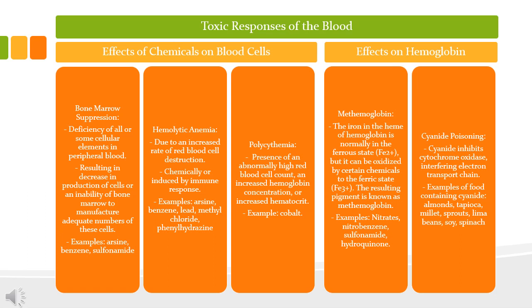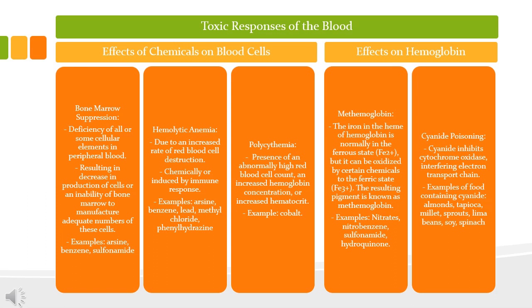Second, the hemolytic anemia, which is caused by an increased rate of red blood cell destruction. This response may be chemically or induced by immune response. Examples of toxics are arsine, benzene, lead, methyl chloride, phenylhydrazine.